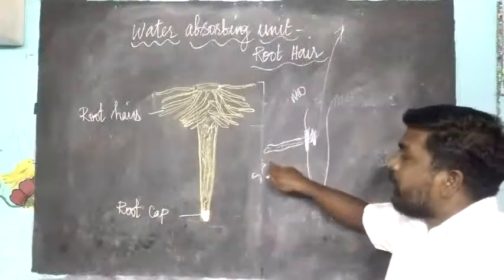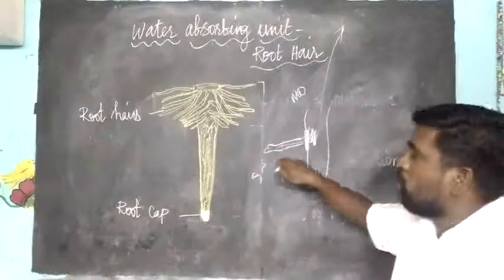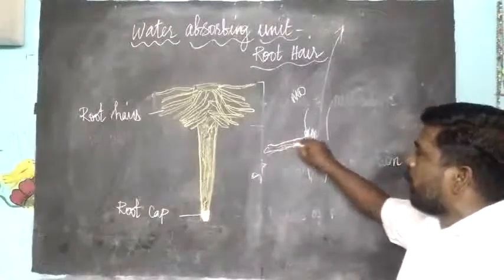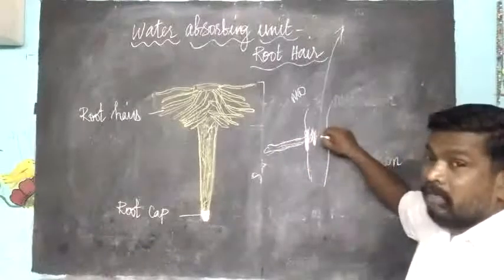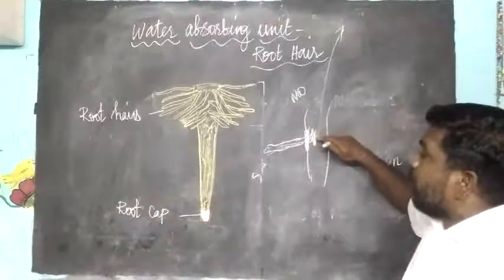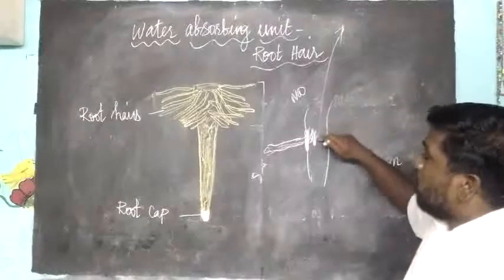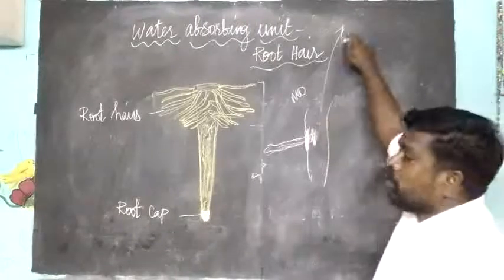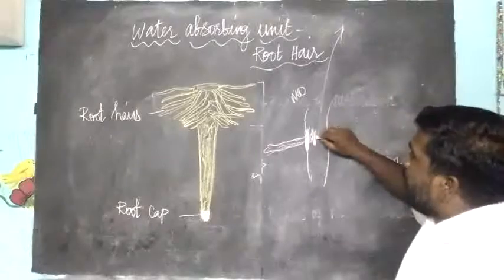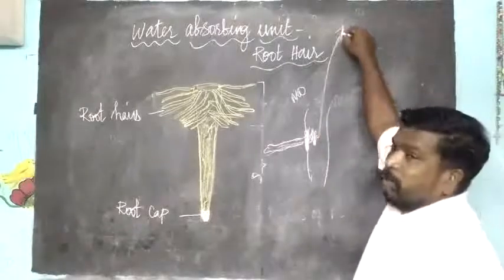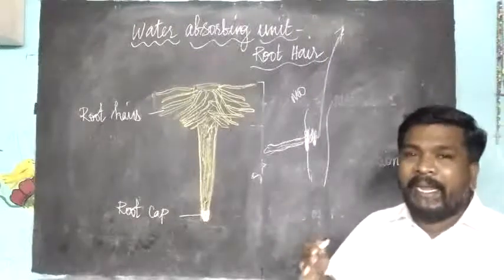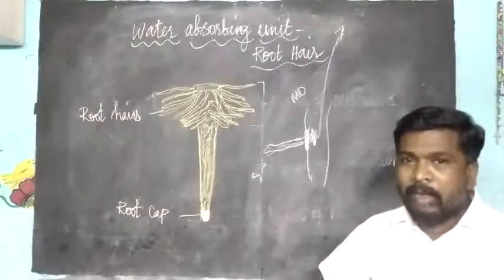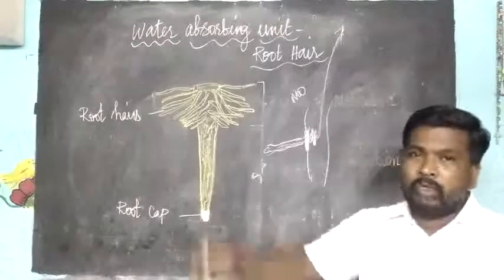So from the region of higher concentration to lower concentration, the water molecules move. In the same way, once the water molecules reach the cortex of the root, the concentration or pressure of the root will be more than that of the shoot system. So with the help of the xylem, water molecules can be transported upward. This is the way the water is transported from the soil to the root and from the root to the shoot system. Understood?